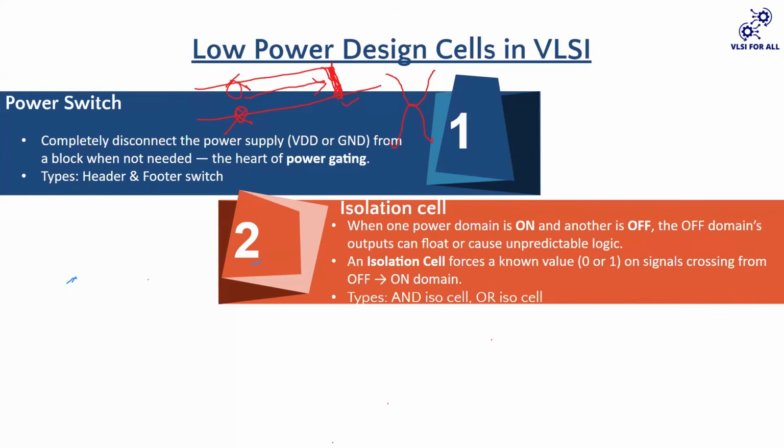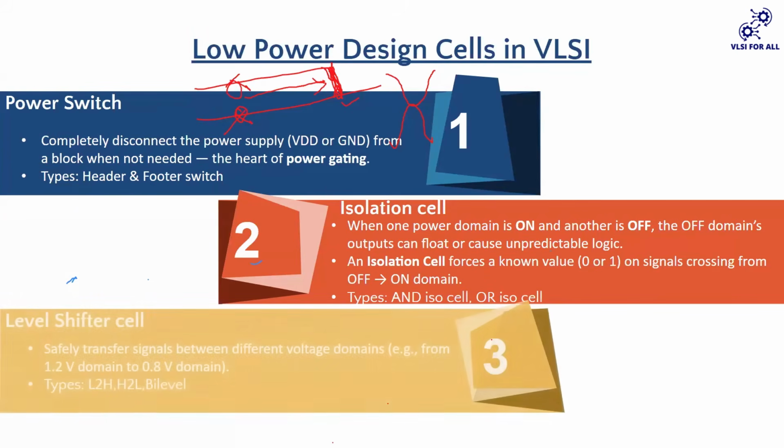The third cell does a similar task in your VLSI design, and that is called the level shifter cell. The way Sam amplified her voice, it shifts the level of the voltage. You heard the concept of multi VDD in the techniques, which means you're operating on different voltages.